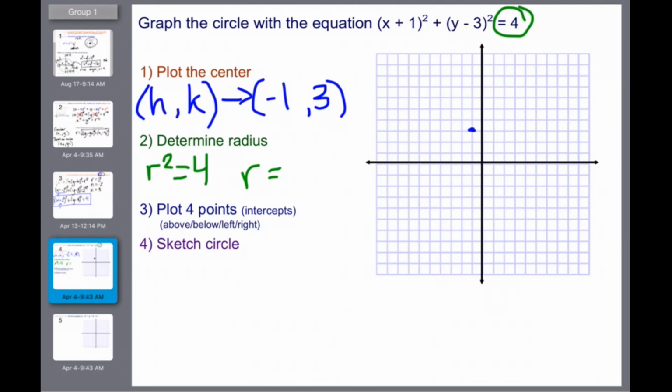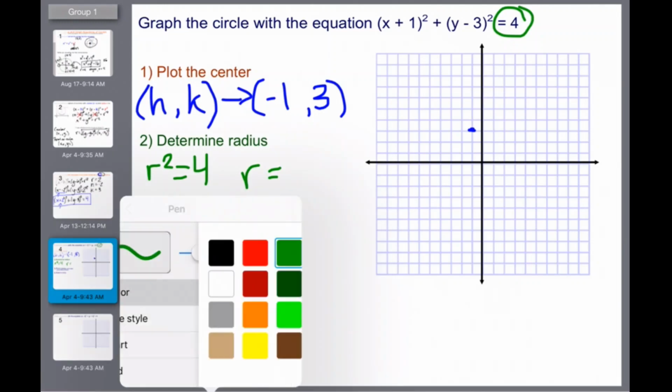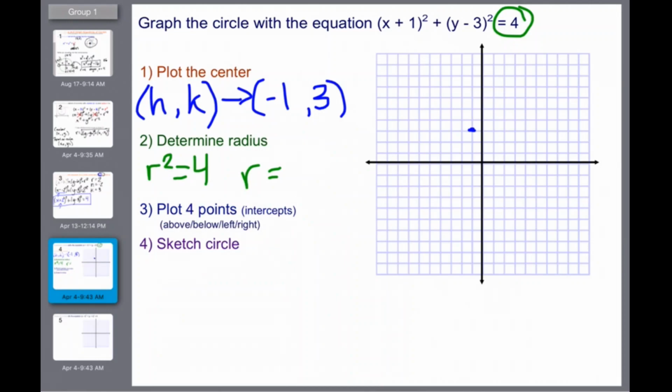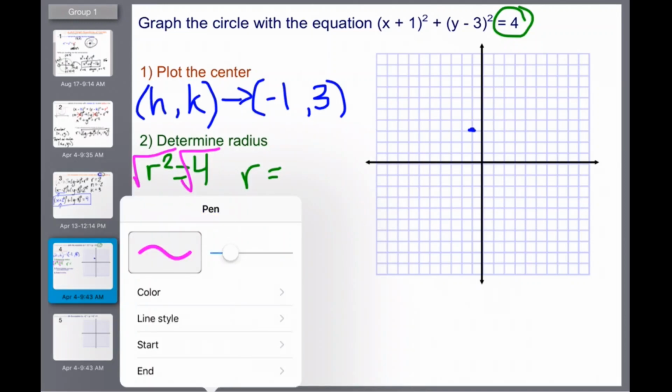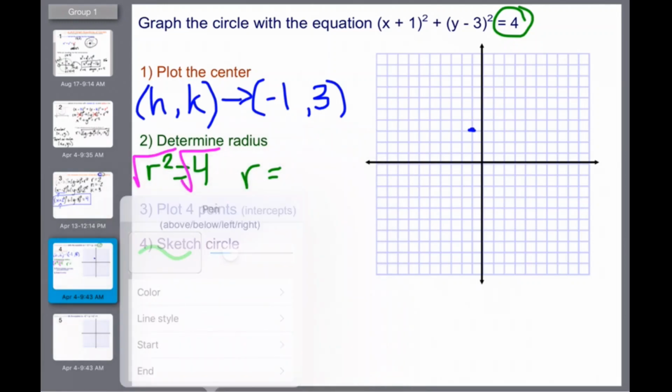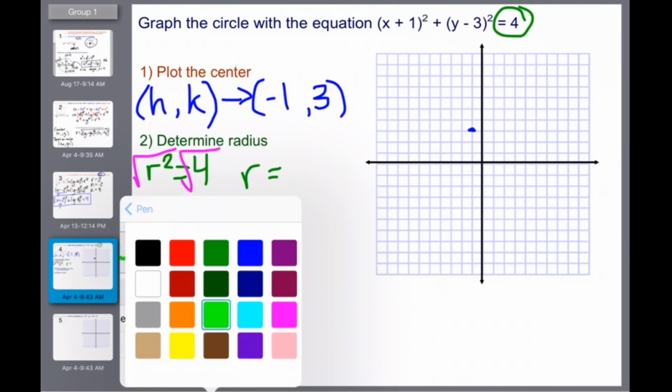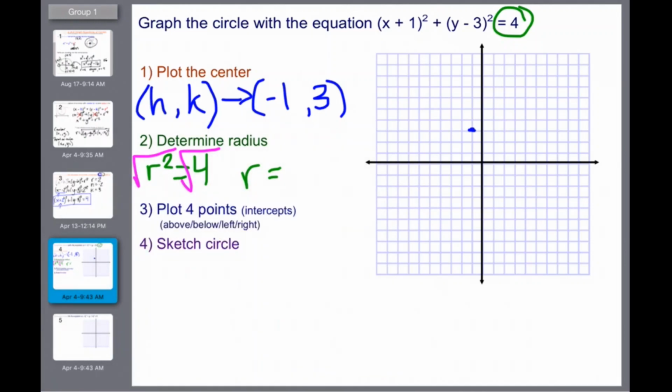In order to find our r, we can square root that number. If we square root this side, that'll give us r, and if we square root this side, that'll give us our number. The square root of 4 is going to be 2, because the square root of 4 is 2. So that means that our radius is 2 units long.